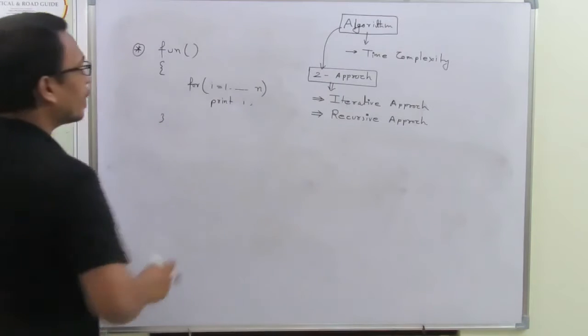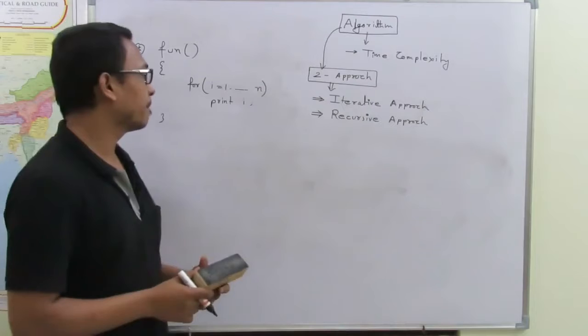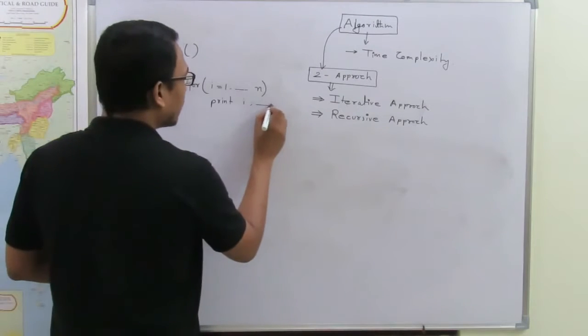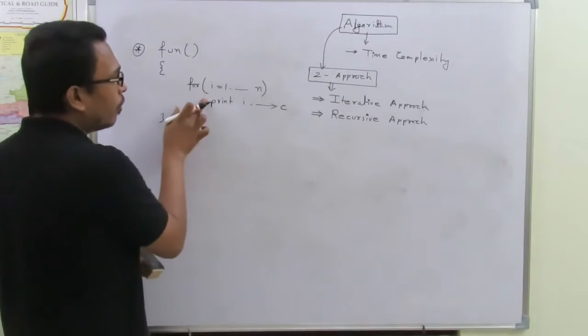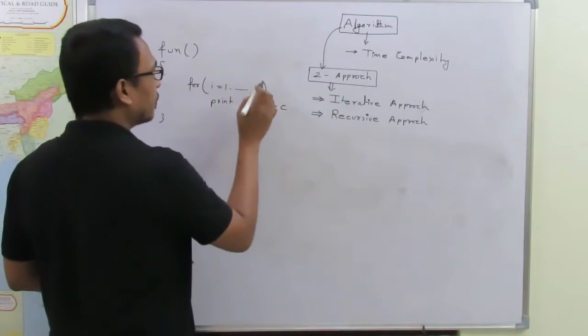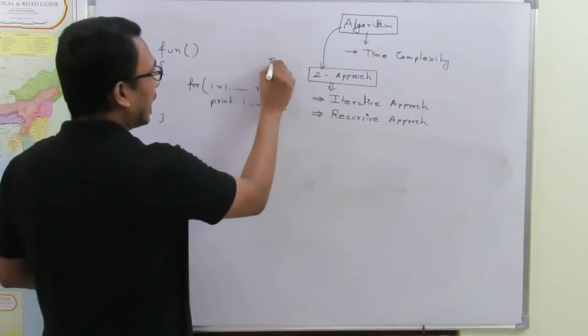Now what will be the time complexity of this particular statement? Look, this particular statement will take constant time only, but how long will it execute? This particular statement will execute this many times. That means how many times? n times.